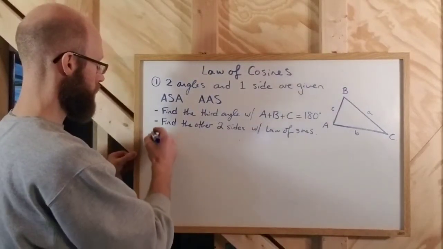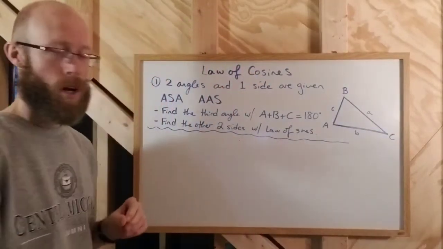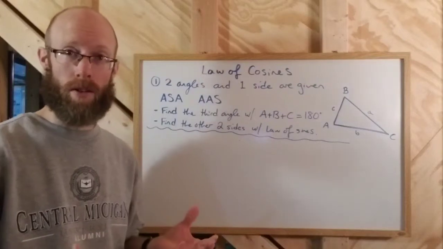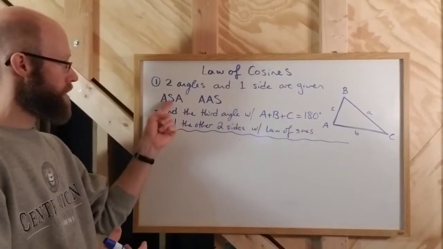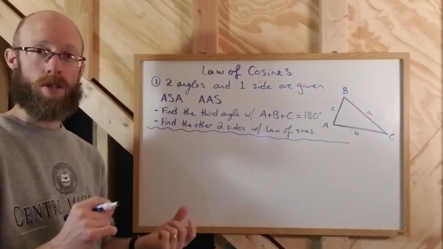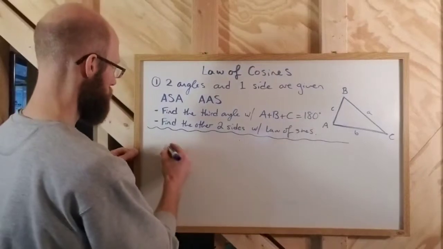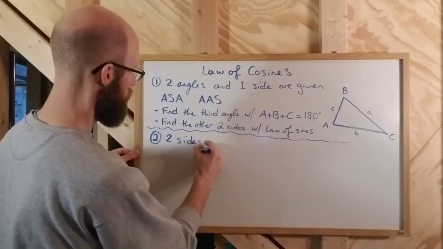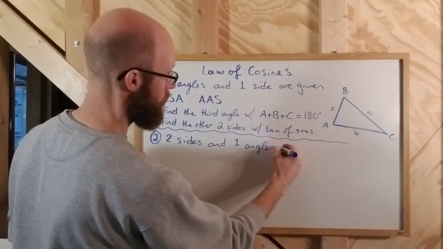Now we have the situation where you have two sides given rather than two angles. And now this is split up. Here we had ASA and AAS. Well, let's switch those letters around essentially to get two sides instead of two angles. So you could have two sides and one angle given.